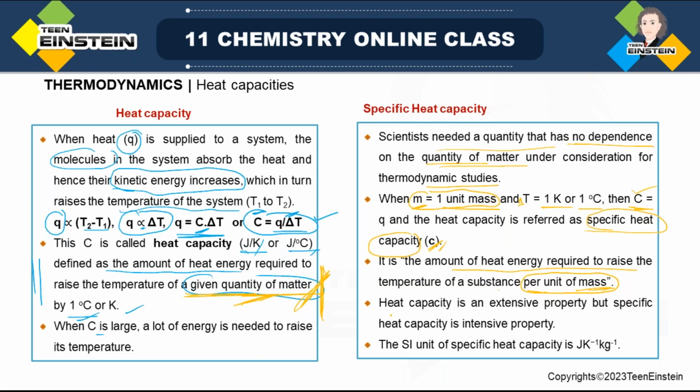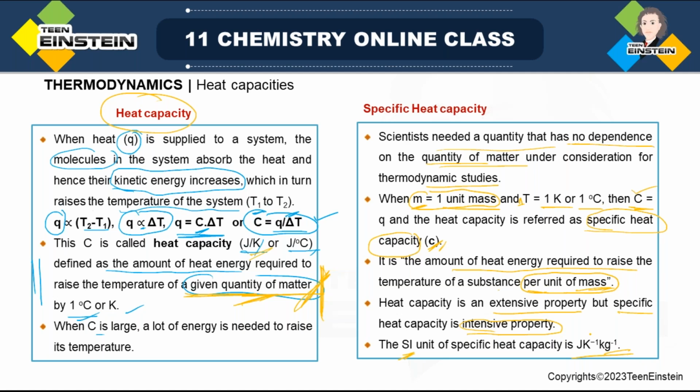Another important difference is that heat capacity, this first one that we have learned, is extensive. It is dependent on mass, but specific heat capacity is intensive. This is a very important difference between these two, right? And now the unit will change. In the previous case, the unit is simply joule per Kelvin, but now it is joule per Kelvin per kg.